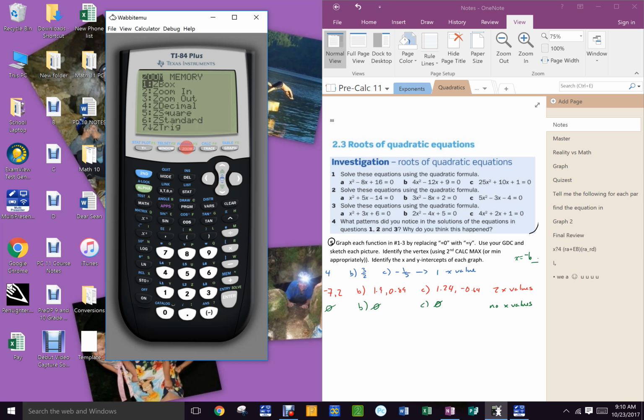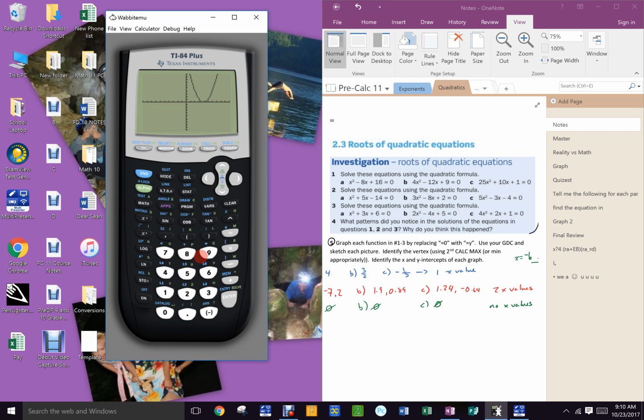When you push 6, you set up a standard window on your calculator, which is 10 by 10. Okay? So when I push Zoom 6, Z standard, you will notice that my calculator, 1, 2, 3, 4, 5, 6, 7, 8, 9, 10, made a standard window.